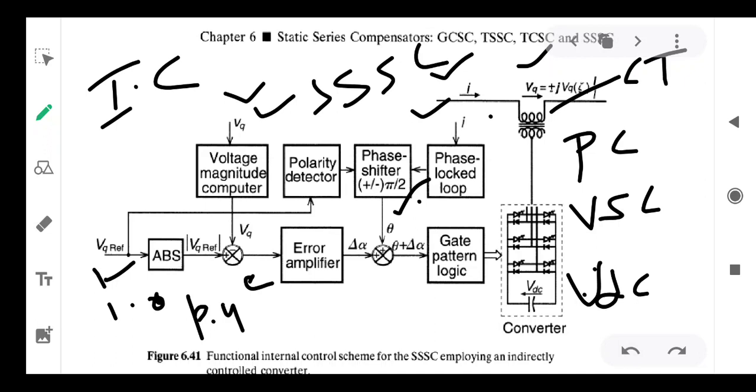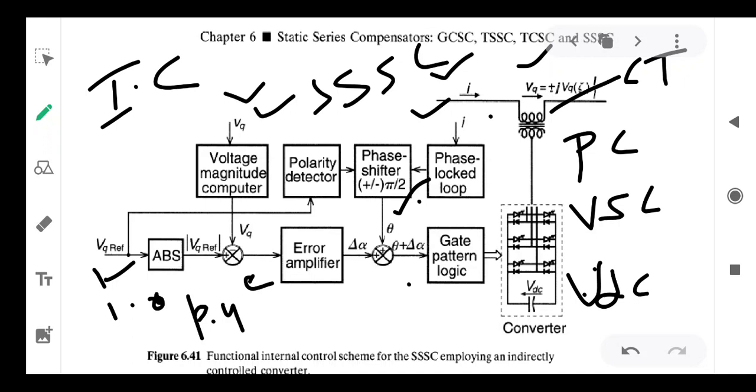From delta alpha, you have the summer here. Delta alpha plus theta is obtained. Theta plus delta alpha is the synchronized signal at which the gate signals are given to the VSC in order to get the required VQ.